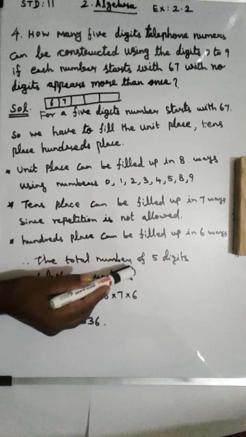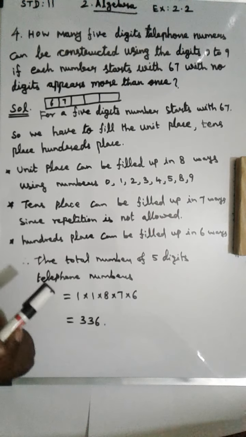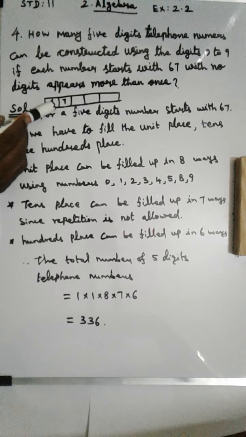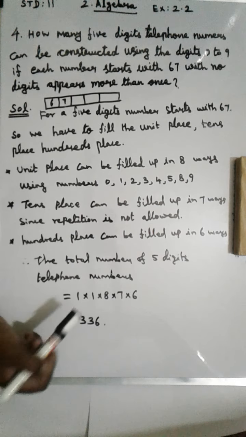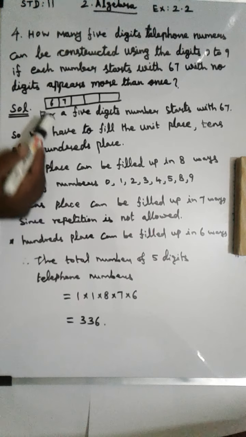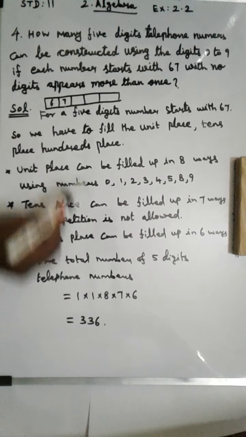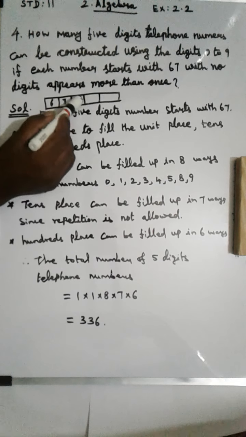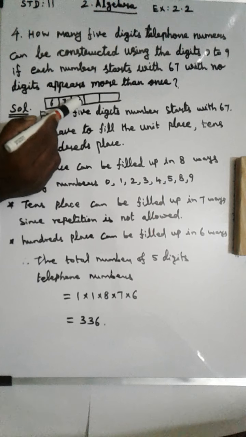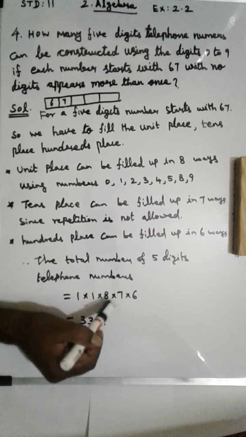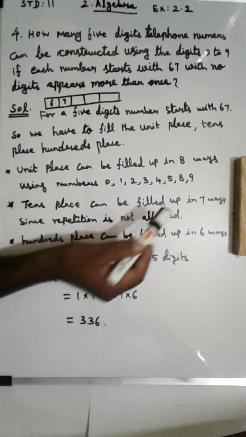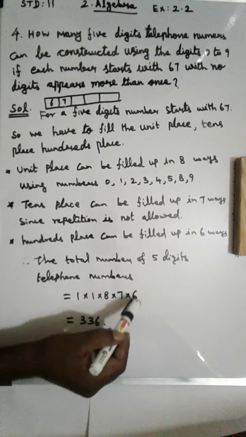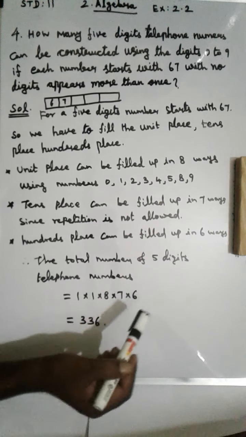The total number of 5-digit telephone numbers: 6 and 7 are already filled in the first two places. The unit place is 8 ways, into the tens place 7 ways, into the hundreds place 6 ways.